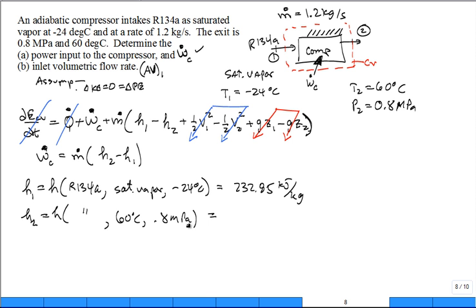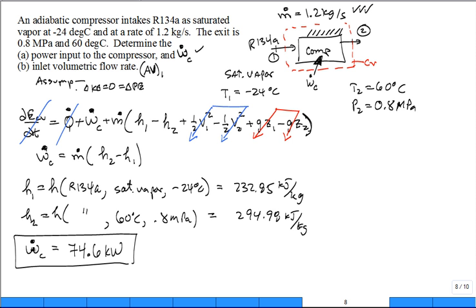So superheated table, you find it's 294.98 kilojoules per kilogram. The mass flow rate was given up here. So now we can calculate W dot C, and we find that it's around 74.6 kilowatts.